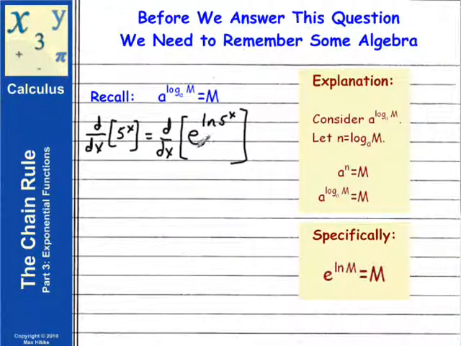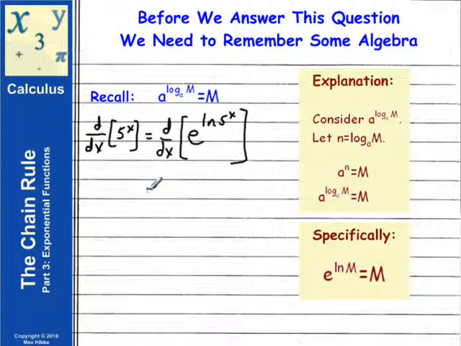Because after all, e to the natural log of something is just that something. That's what we've said here. e to the natural log of m is m. So e to the natural log of 5 to the x is nothing more than 5 to the x, and so these two statements are equal.